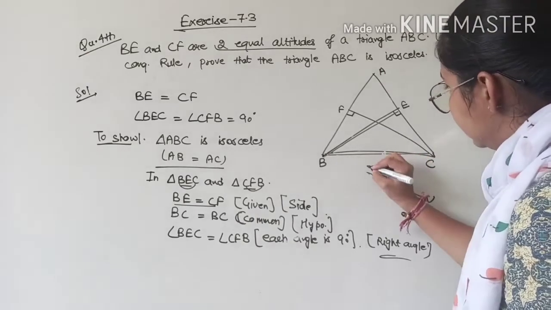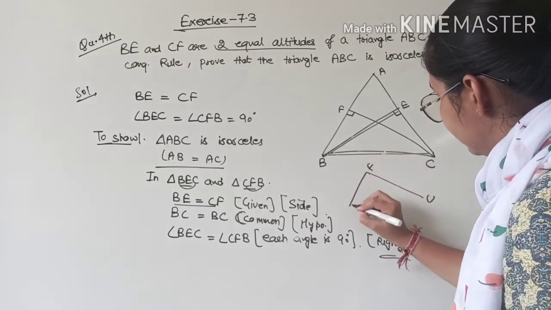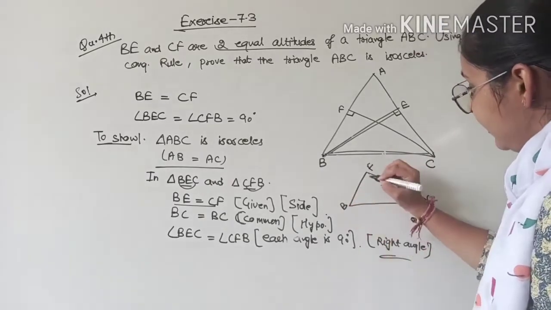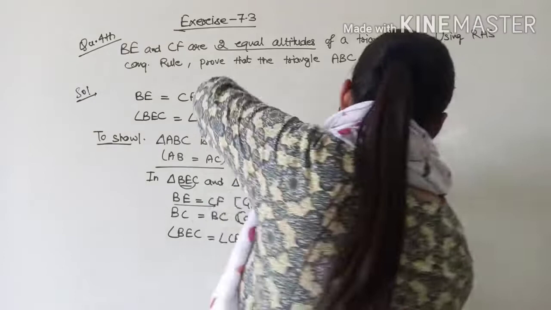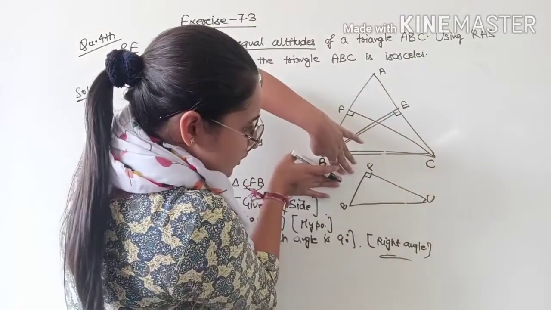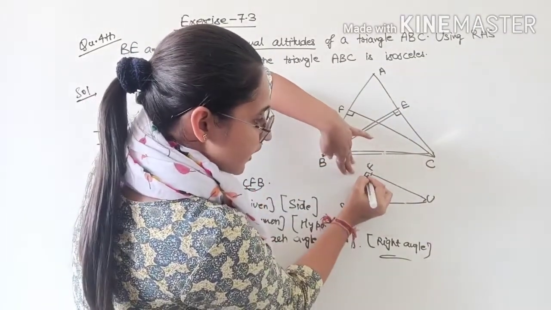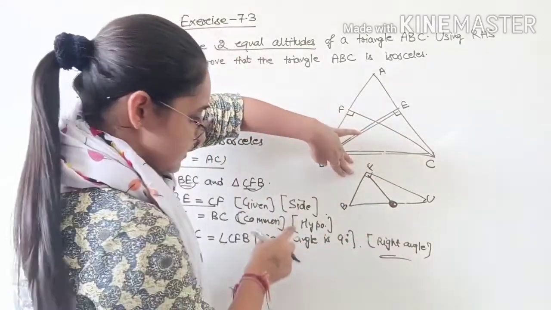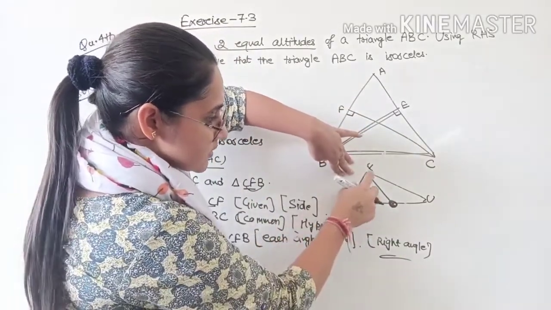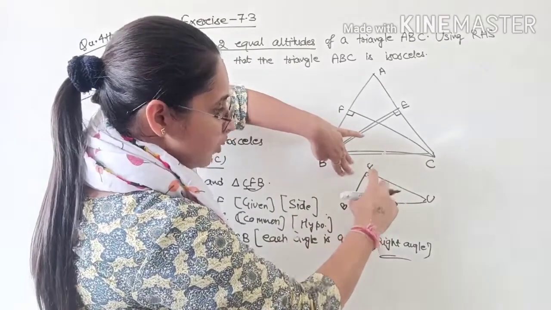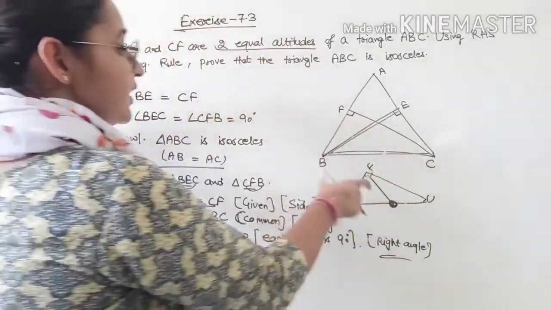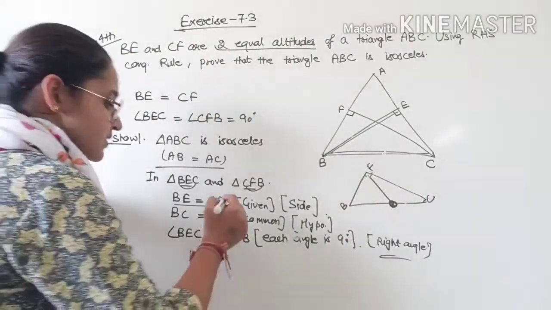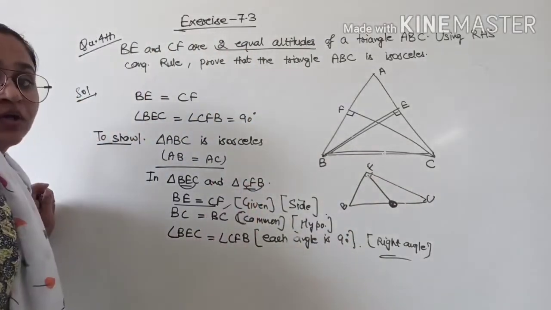This is C, this is F, and this is B, and the right angle is this. Now see, in this triangle, this is the right angle, opposite to this, BC will work as a hypotenuse. And BE is equal to CF, so CF will work as the side.